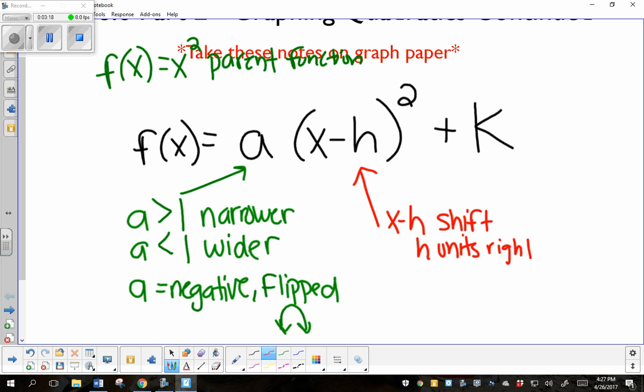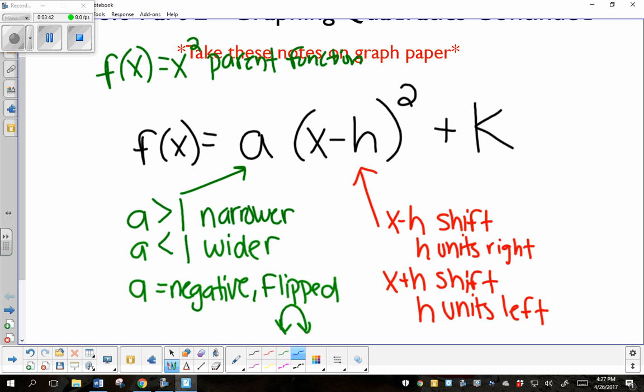So if I see a minus in there, it's going to shift it right. If I see an x plus h in there, it's going to shift my whole graph, that's a translation, as you might remember from last year, h units to the left. So the number inside the parentheses with the x can shift it left or right. It does not stretch or shrink it, narrower or wider, it just shifts it left or right.